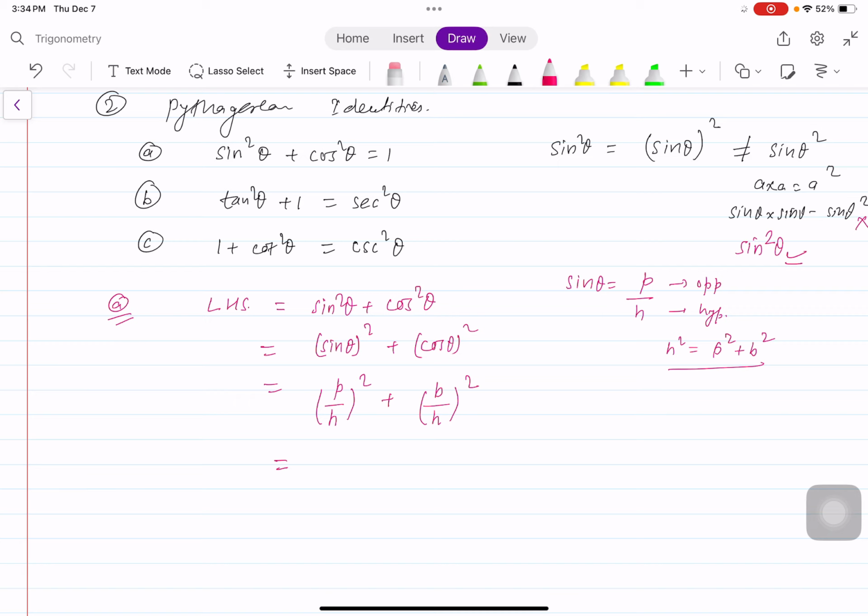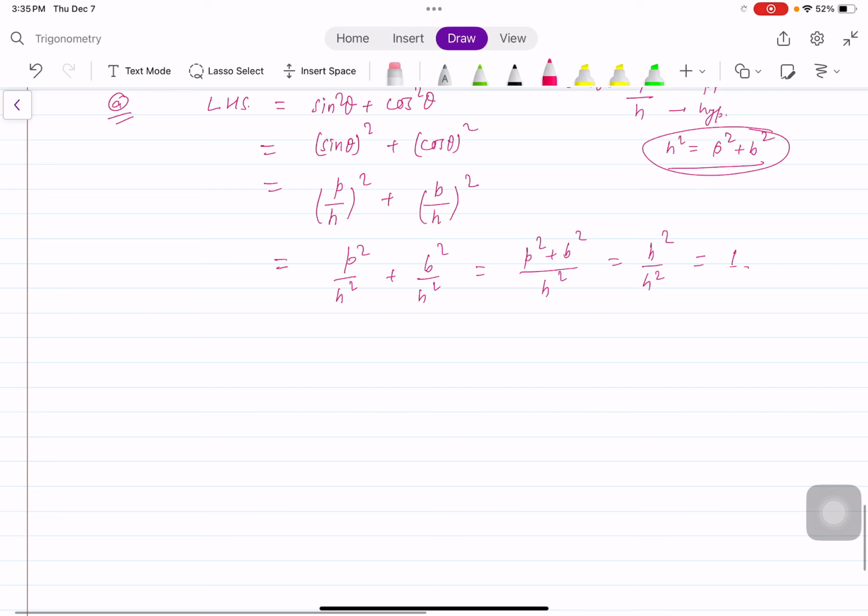When you simplify this, you get h square over h square, and using the Pythagorean theorem, I can replace the top by h square and you get 1. Similarly, other relations also hold. So these are the reciprocal identities and Pythagorean identities.